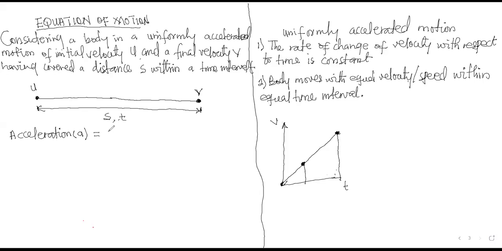Since acceleration is changing velocity over time, changing velocity is V minus U all over the time interval T. So A is equal to V minus U over T.